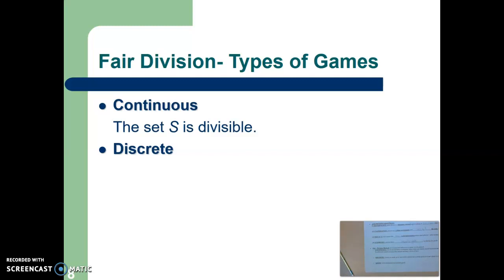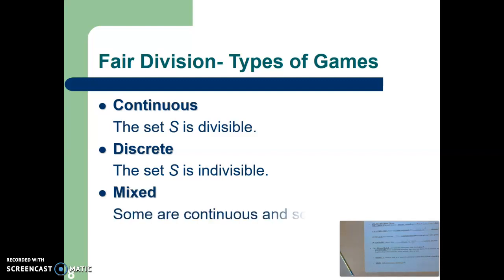Okay. So basically what you're breaking up cannot be divided. And then the last would be mixed, which is some instance where you might have both. We kind of talked about it, but that might be an instance where someone you loved has passed away and left you a house and some money.